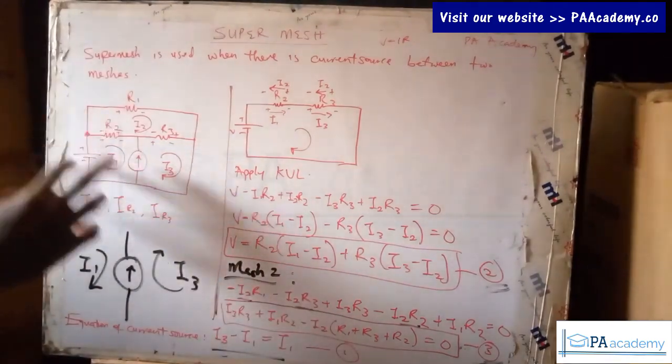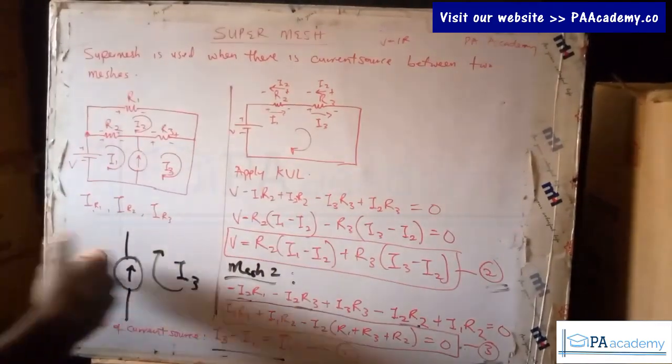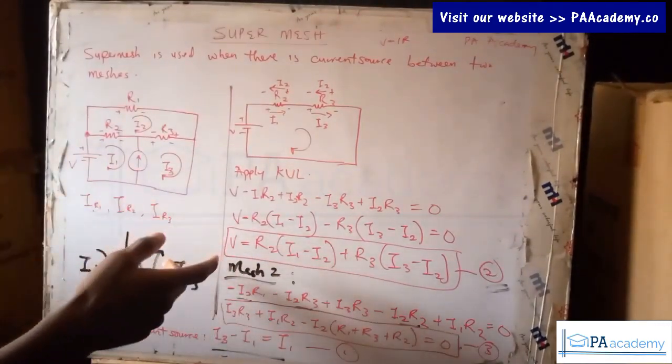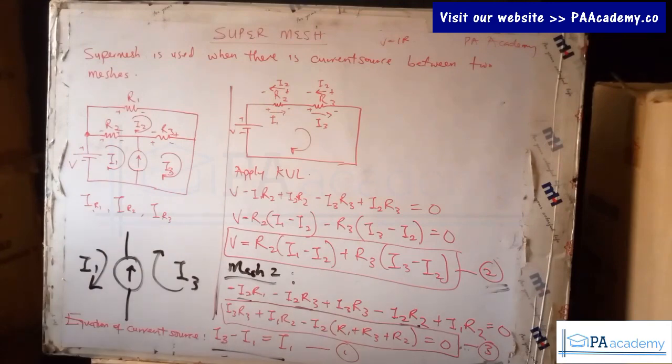For example, this particular question we have here, we can use another method to solve it, like node analysis. There's also a video on that. You can check the description of this video. You can be asked to use node analysis to solve this question, but some can tell you to use supermesh. So it's important to know all of these different methods of analyzing circuits.